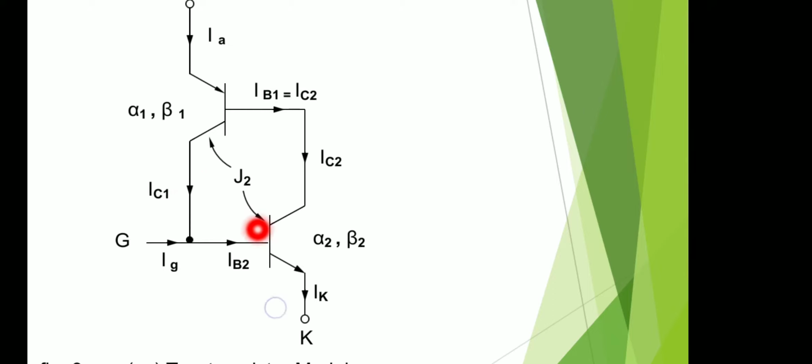It is continuous, right? Suppose the gate current, the input current of T2, is decreased, then the output collector current also decreases. Since it is connected to the base of the T1 transistor, IB1 also decreases, which means the output current of T1 also decreases.